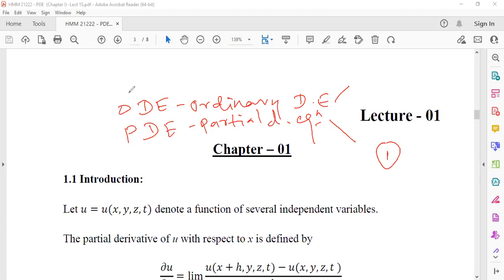Can someone answer me, or everyone? If I'm asking some question, you can also Google if you have your phone. You can find the answer and give me the answer in any mode. Can anyone tell me what is the difference between ODE and PDE? Why are we studying different courses? Okay, please answer me quickly.